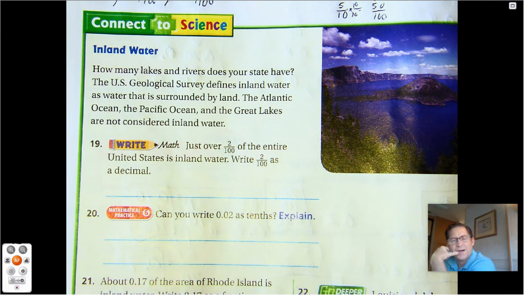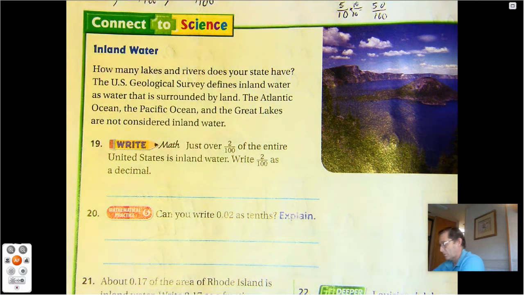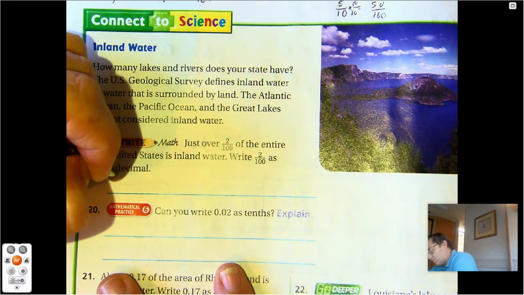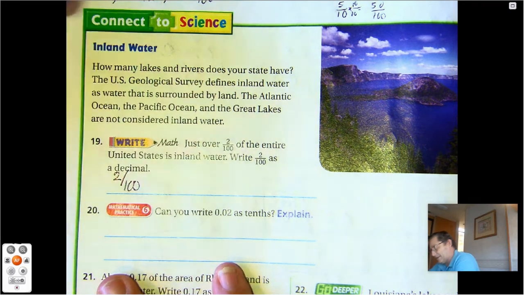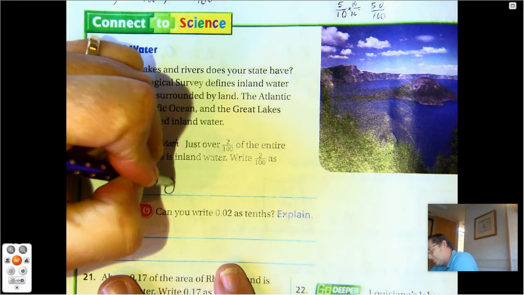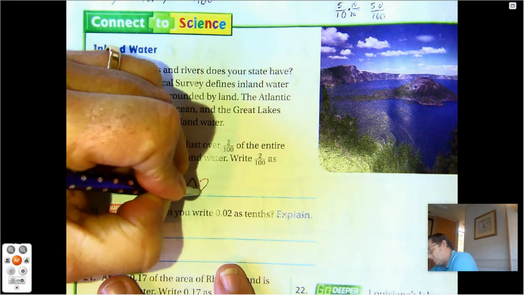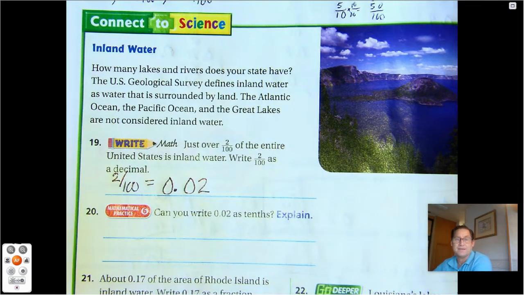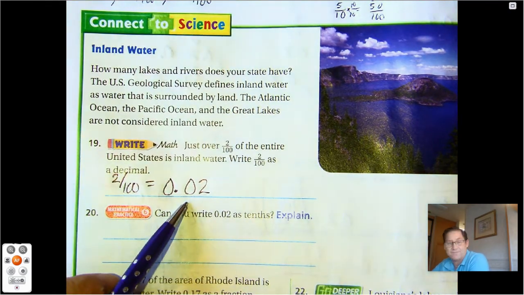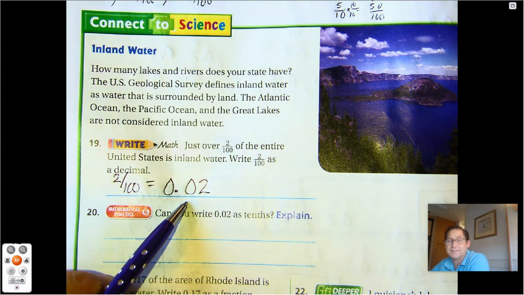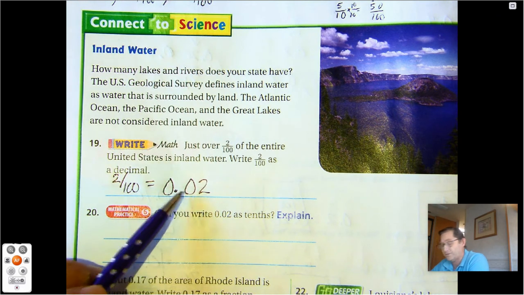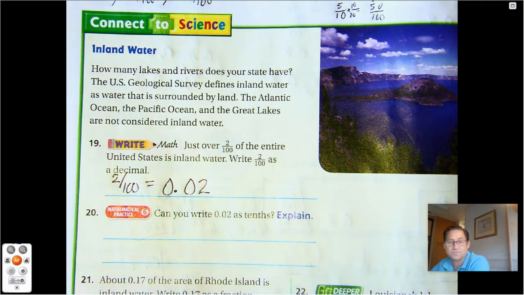Just over 2/100 of the entire United States is inland water. Write 2/100 as a decimal. So 2/100 as a decimal is 0.02. If I put 2 right after the decimal point, remember that would be 20/100. So for 2/100, we have to have a 0 in front of the 2.